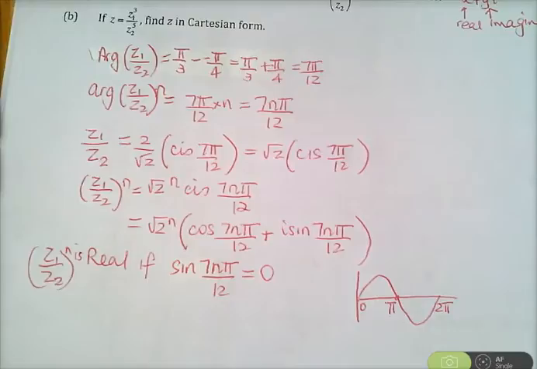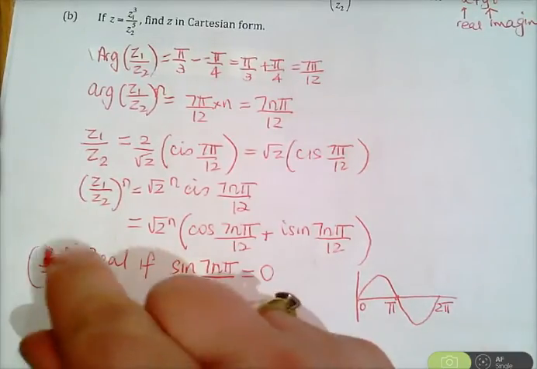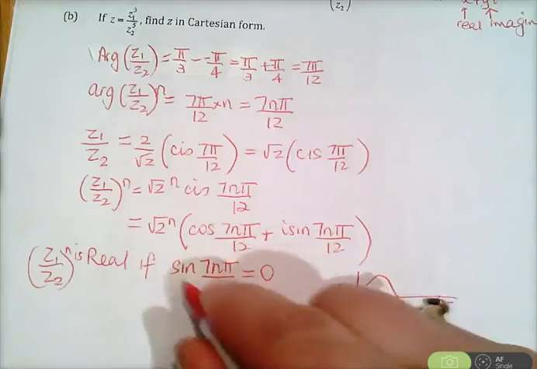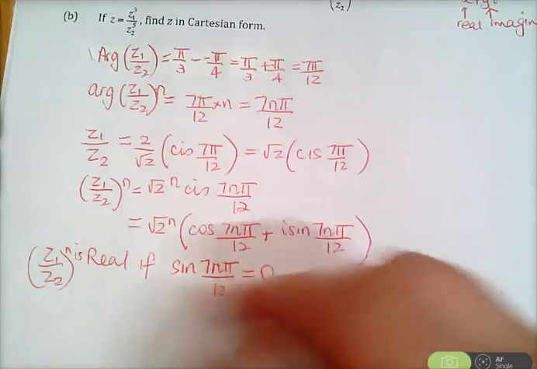So the only way that we will get 0 here is if we've got integer multiples of π. So Z1 over Z2 to the power of n is real if sine of 7nπ/12 equals 0.